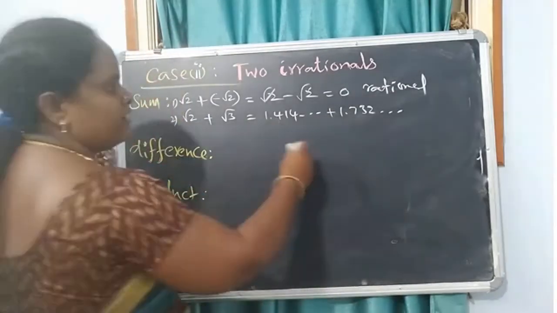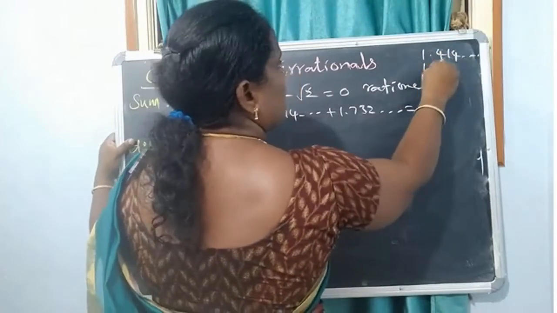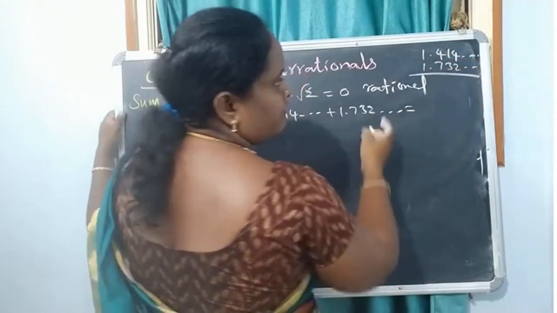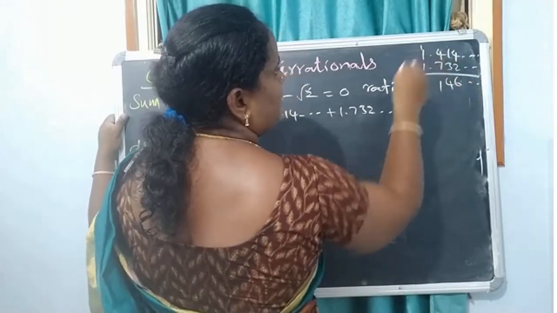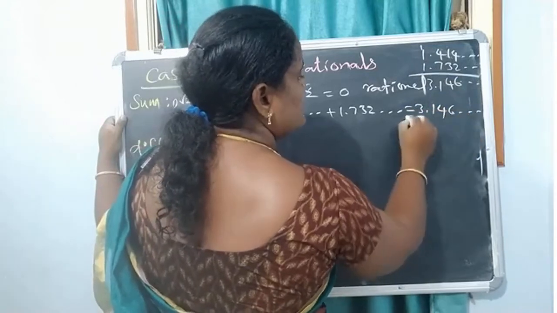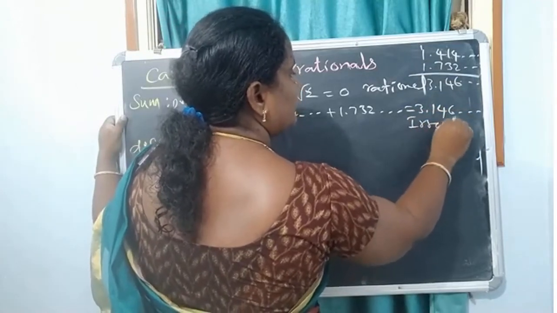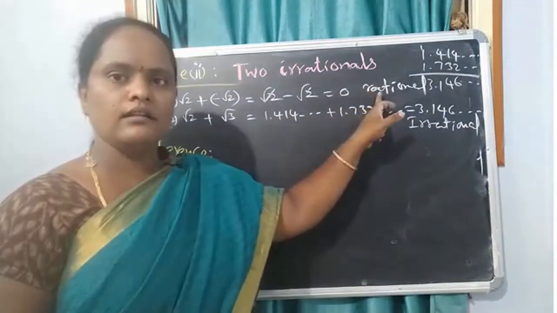So if I find the sum of 1.414 and so on and 1.732 and so on, I get 3.146 and so on. This is also a non-terminating, non-repeating decimal, so that is called irrational. So is the sum rational or irrational?